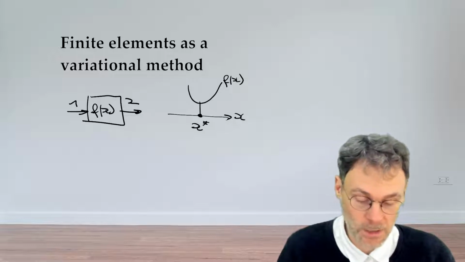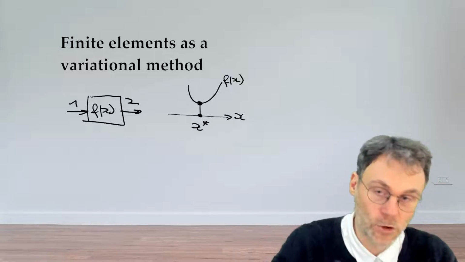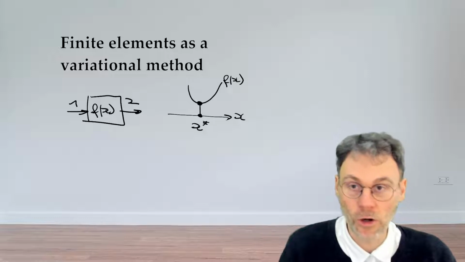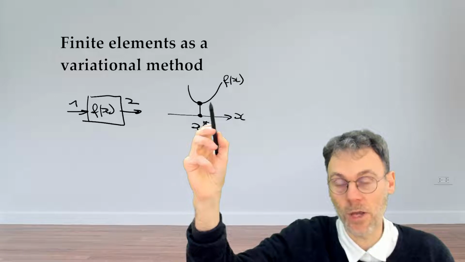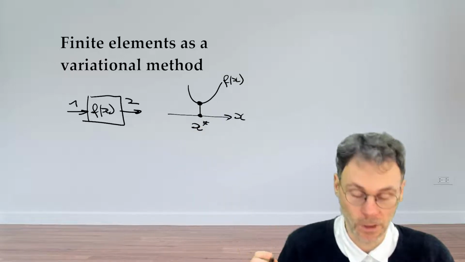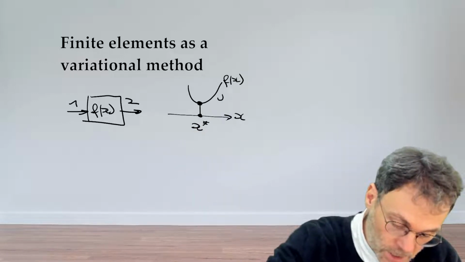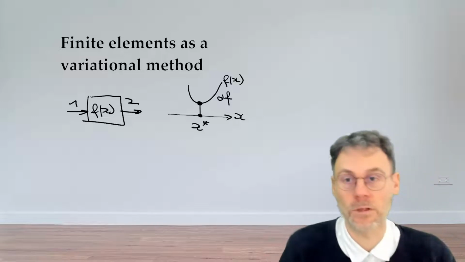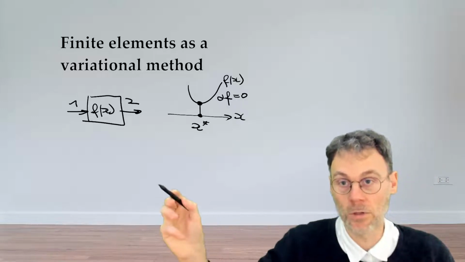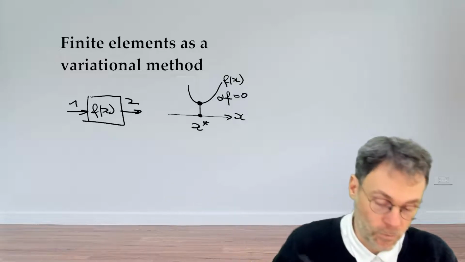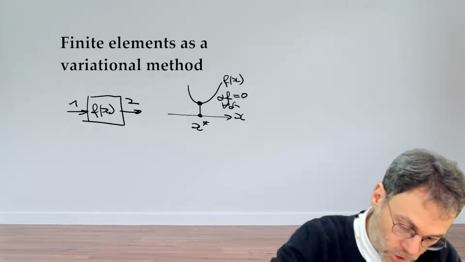And if that's the case, this basically means that in the neighborhood of that minimum here, the function really doesn't change a lot if you make some small variations around x for the minimum here. One way of expressing this is that the changes of f, expressed here by delta f, are 0 around the location for all possible changes delta x that you can make.